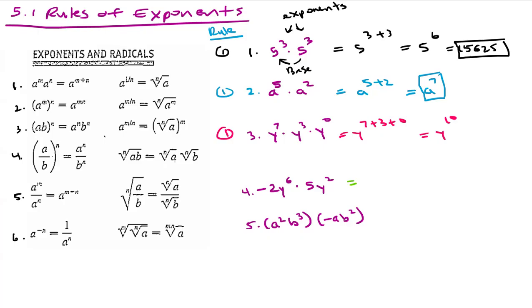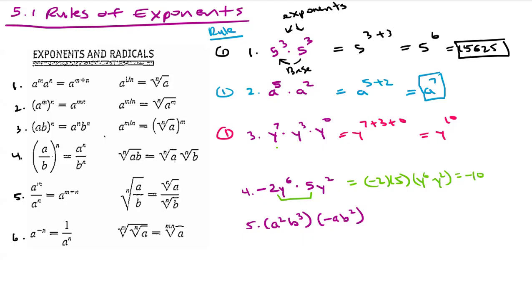All right, and this next one, we would multiply the coefficients, so negative 2 times 5. Just going to break this down here. And then we're going to multiply the y to the 6 times y squared. So negative 2 times 5 is negative 10.